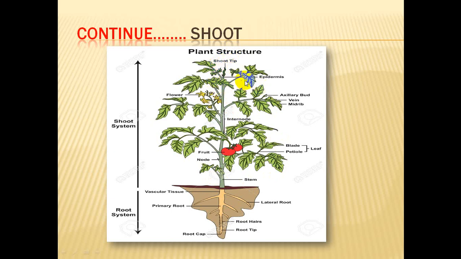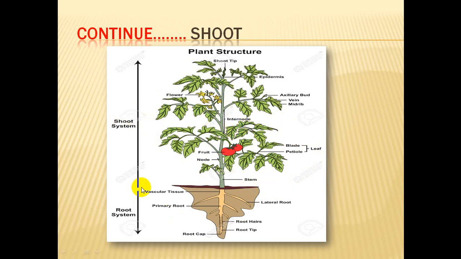That is epidermis, flowers, axillary bud, vein, midrib, internode, node, fruits. All these parts together are called the shoot system. And there are also the petiole, the leaf and the blade. These are also parts of a shoot system.